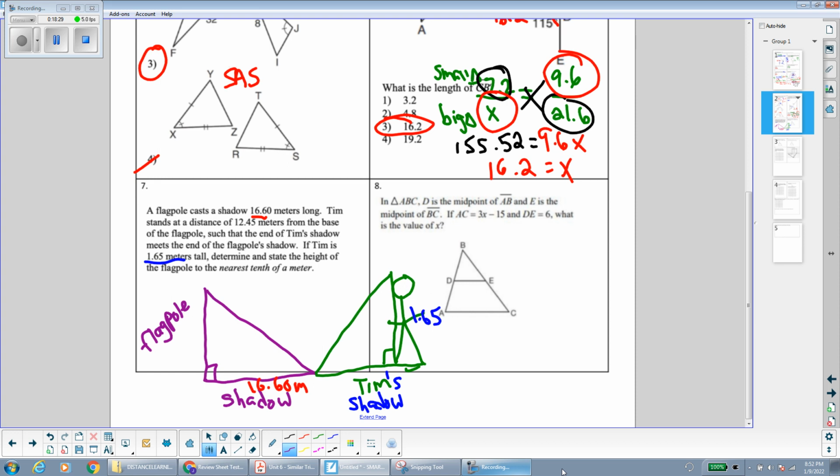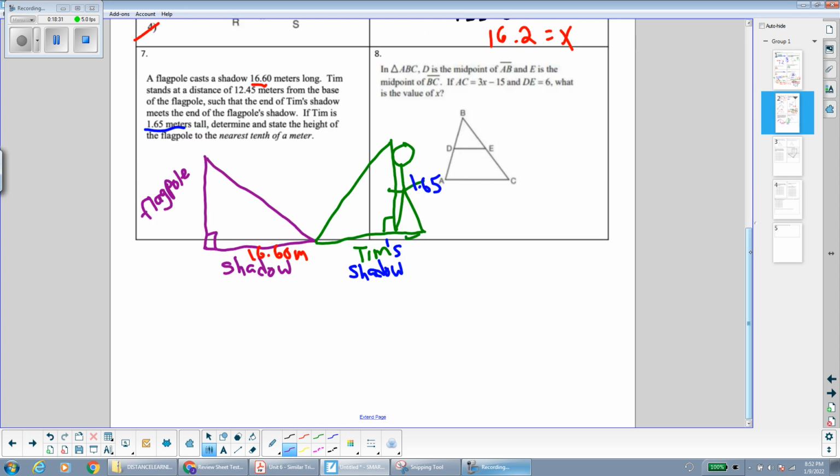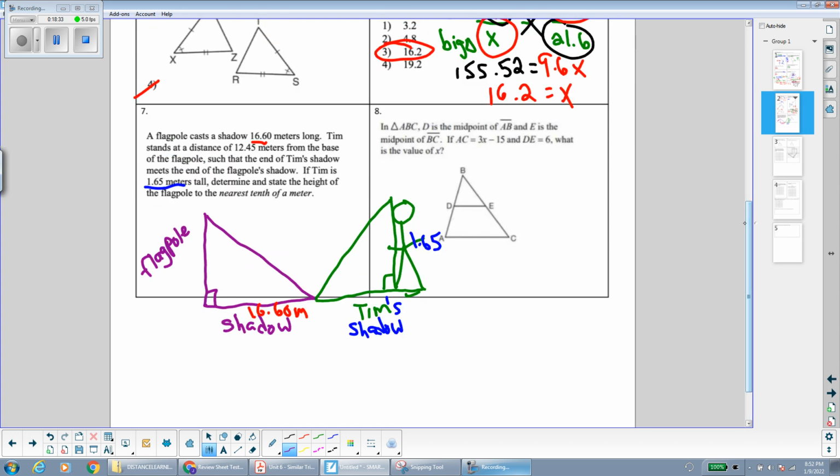So to use similar triangles, I'm going to set up a proportion in order to find what the height of the flagpole is. So I just want to make sure that I put corresponding parts together from the two triangles. So let me set up my proportion here. Let me take the flagpole, which is X, we're looking for it, from the purple triangle.